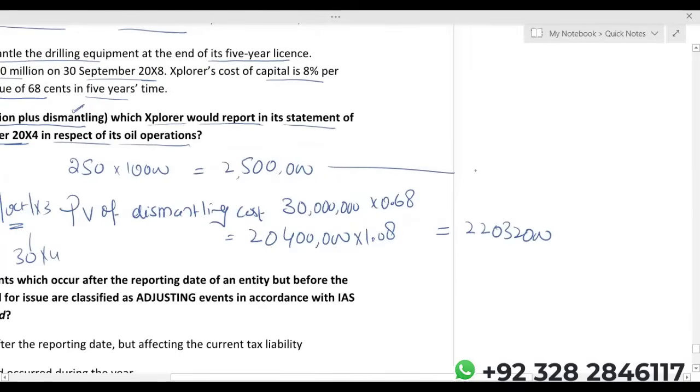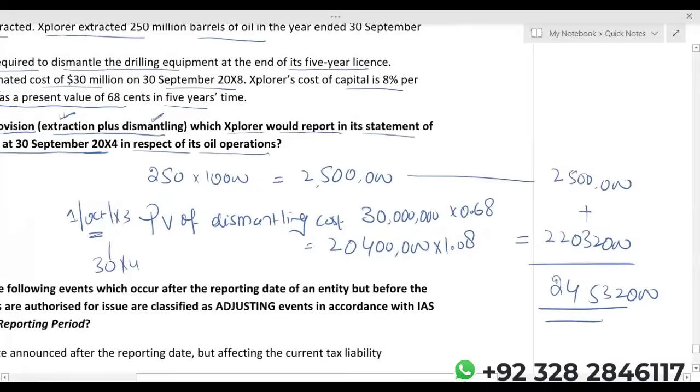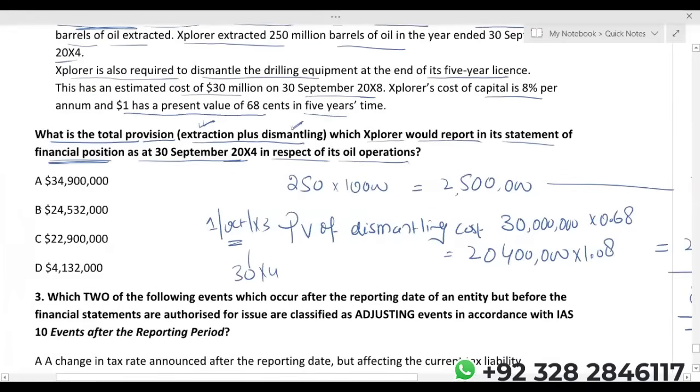The extraction one is here, 2.5 million. Let's add. So I'm getting, students, 24.532 million, I believe. Let's check the choices. The choice is B. You can see that. It's a good question.